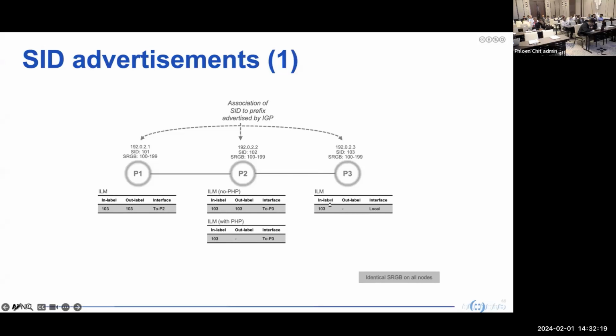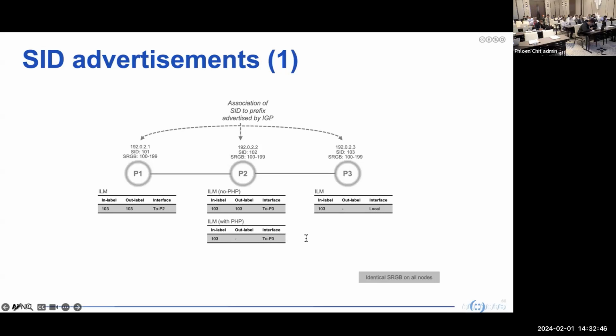This slide is showing the LFIB entry for the node SID of P3 on each node. Since all nodes, in this example, use absolute labels, every node will install exactly the same label for each individual node SID. We can see no matter in P1, P2, or P3, for forwarding to the node SID of P3, the label will always be 103. So this is the point.